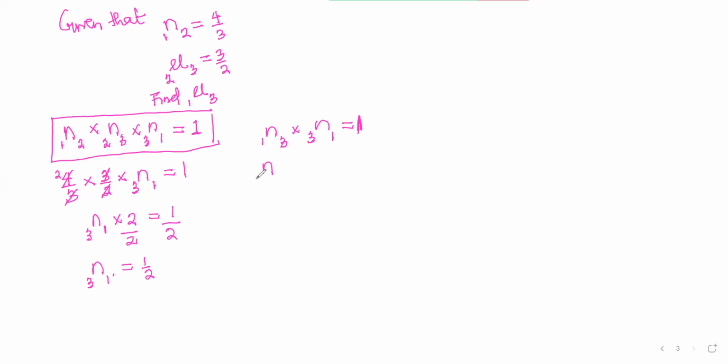Therefore, the refractive index from 1 to 3 would be equal to 1 divided by the refractive index from 3 to 1. And this is 1 over half. And what is 1 over half? Class, what is 1 over half? Sir, 2. So the answer for the question is 2.